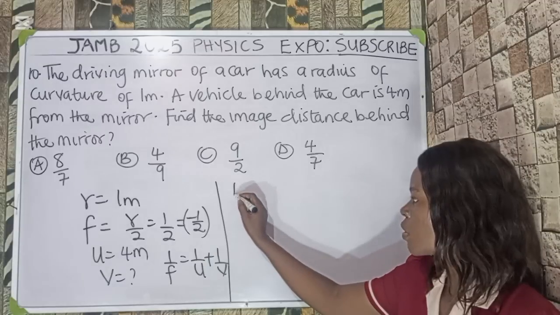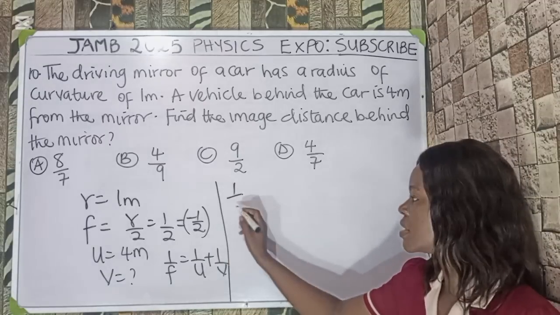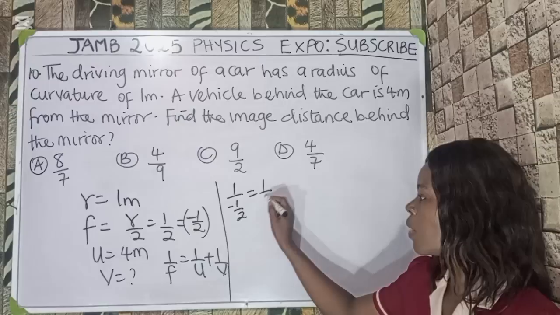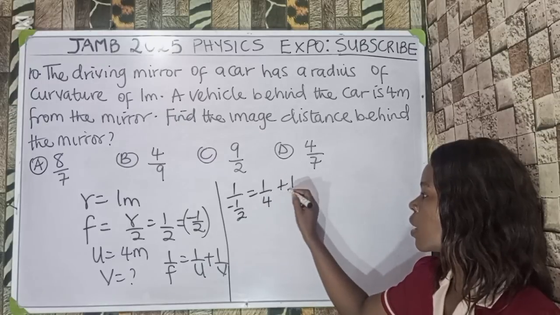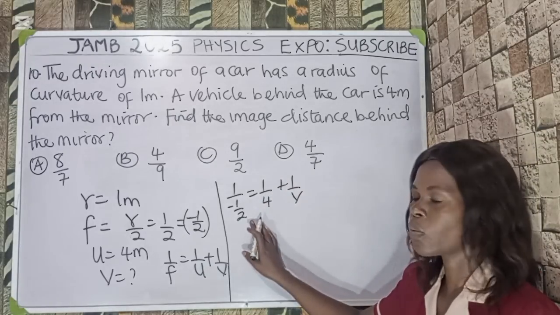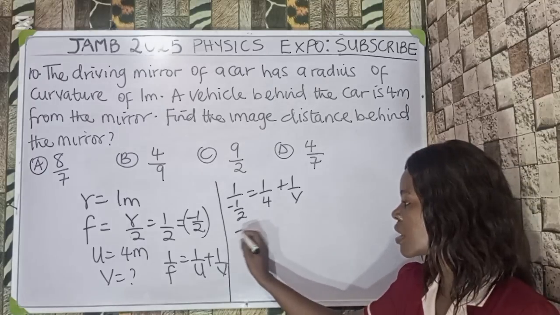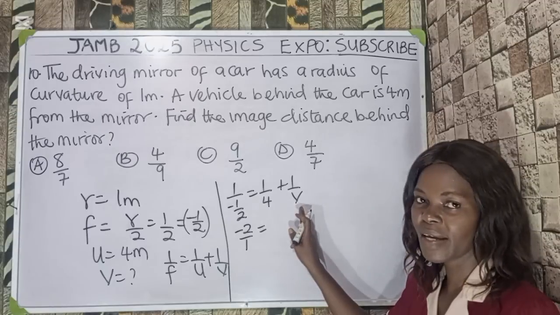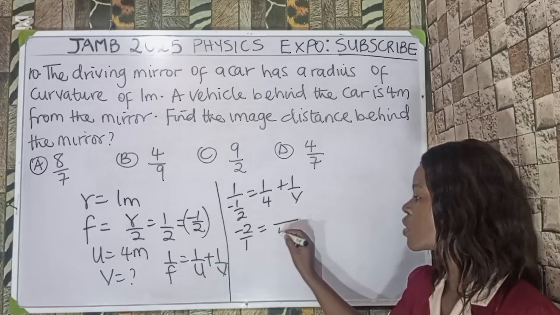I have 1 over my focal length, which is minus 1/2, is equal to 1/4 plus 1/v, because I'm looking for the image distance. So 1 over 1/2 becomes minus 2/1. That is equal to, if you get the LCM, 4v.